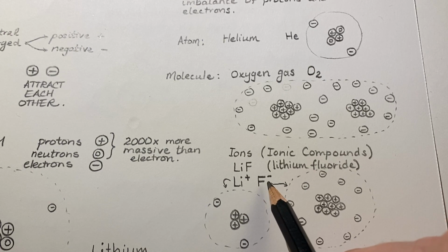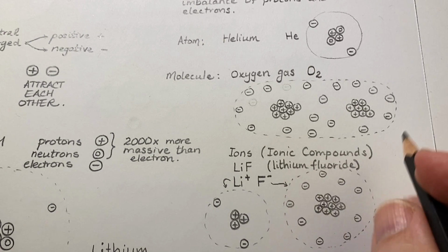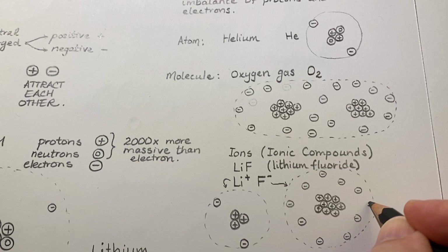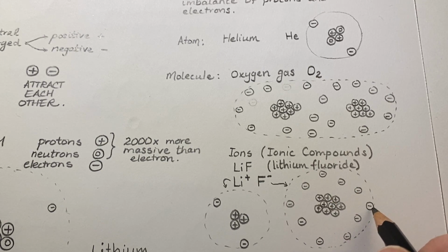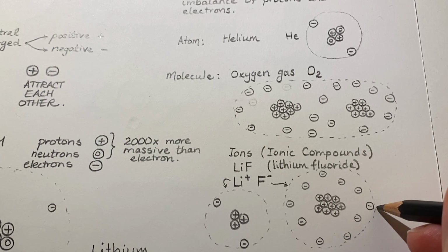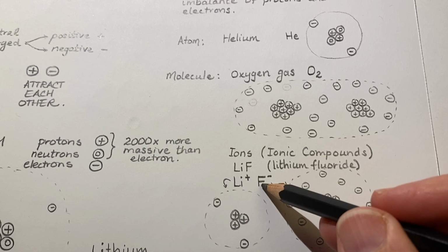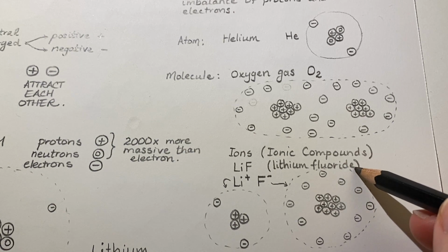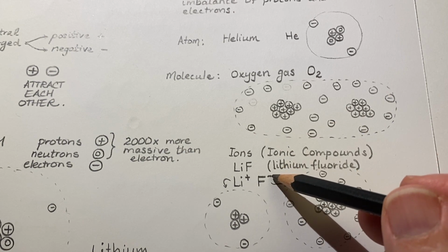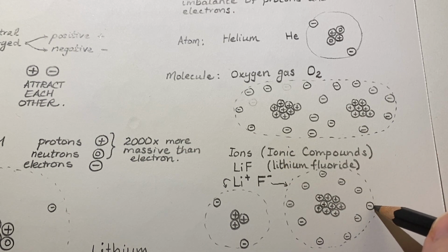But fluorine becomes more stable if it has a 10th electron. So it has gained an electron. There's one extra negative charge. So that's why it's fluoride. The name changes a little bit to show that it's negatively charged. It's got one extra electron. Okay.